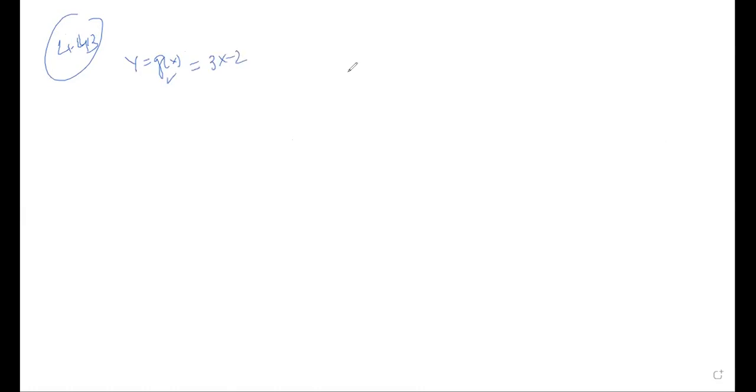Density means continuous, right? So the density function is f(x) equal to e to the power negative x by 4 divided by 4 if x is greater than 0, otherwise it is 0. Find the mean and the variance of the random variable Y.